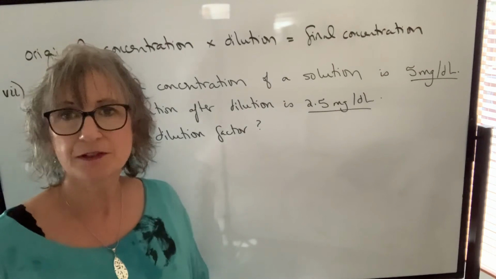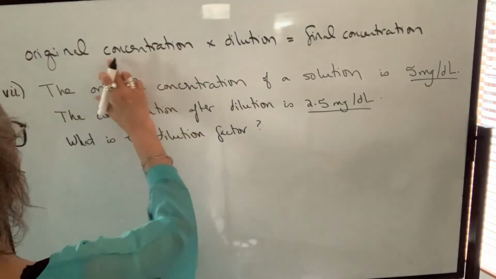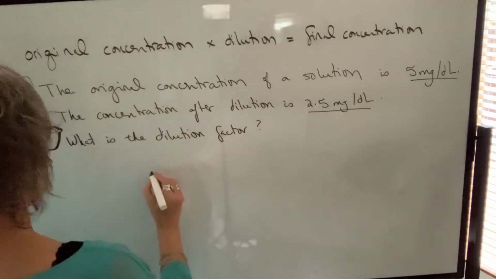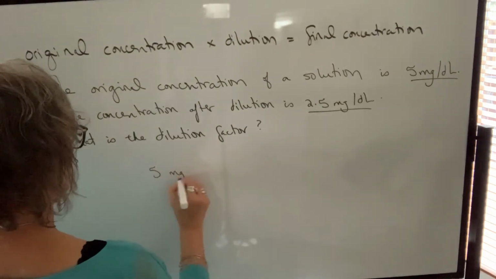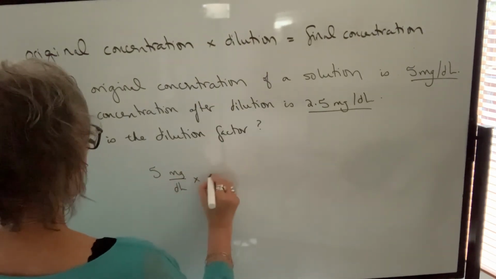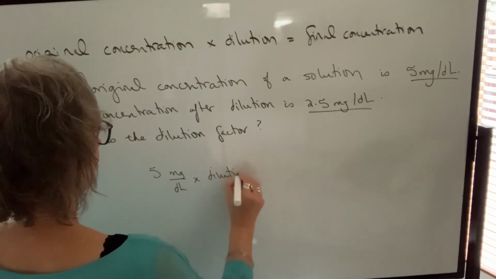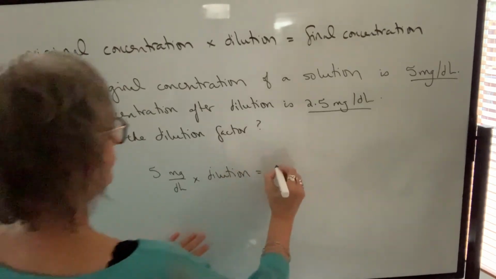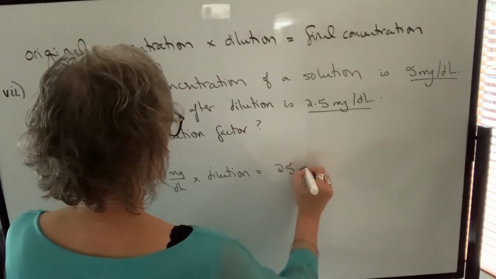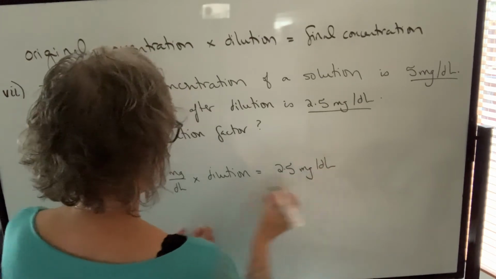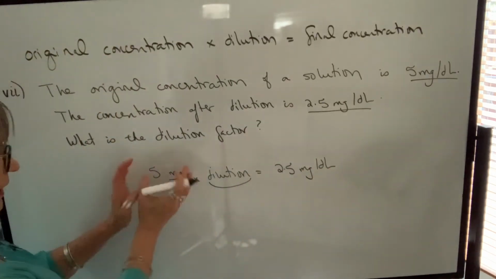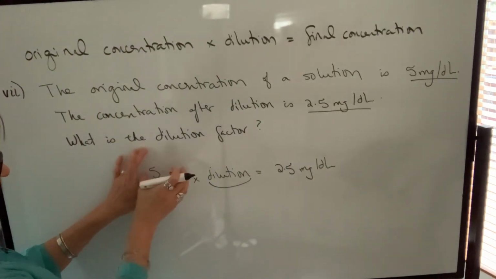We could then find the dilution factor. So plug it into our formula. The original is 5 milligrams per deciliter times our dilution factor will equal the final, which is 2.5 milligrams per deciliter. So to isolate this, we're going to divide both sides by this concentration unit.